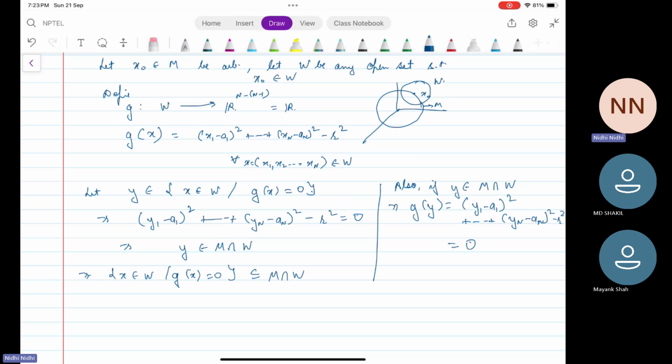This will be 0. That means y belongs to the level set of G at 0. Therefore, M intersection W is equal to the level set of G at 0.